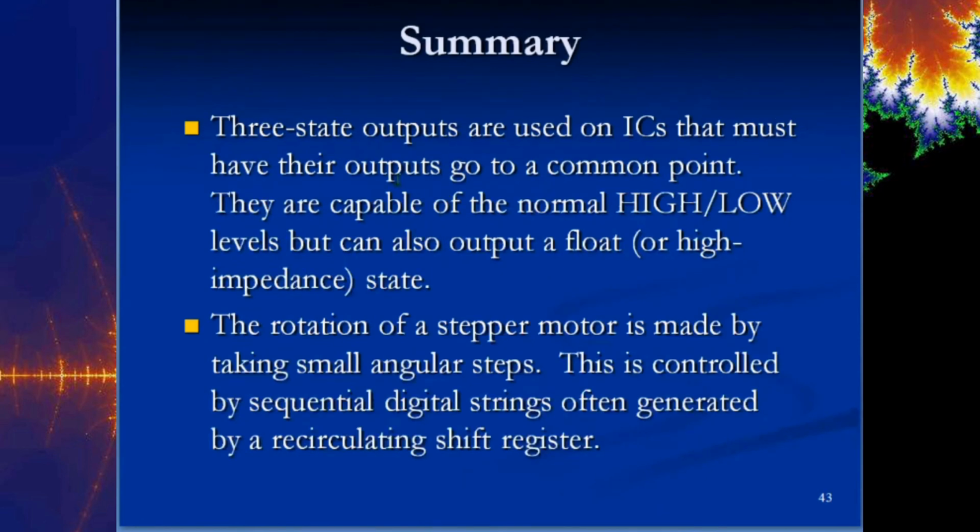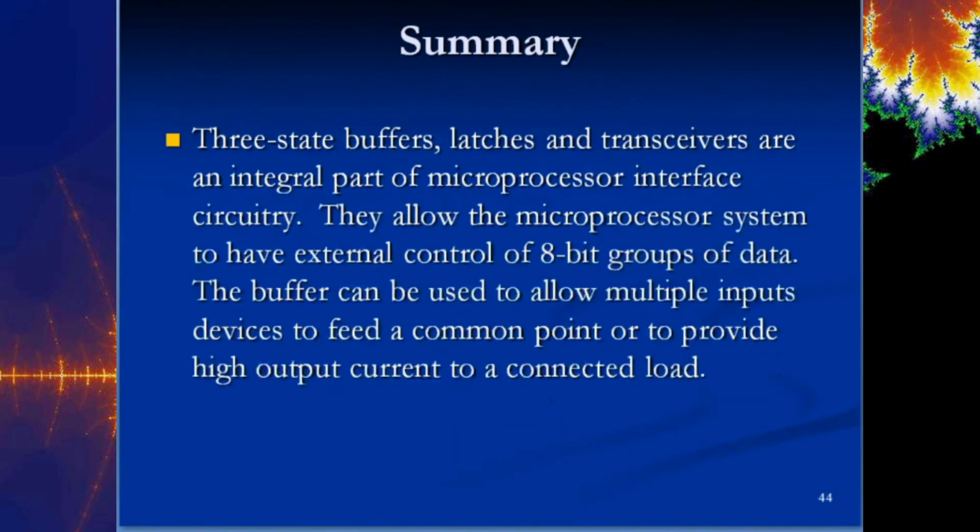All right, and then 3-state outputs, tri-state outputs, have a high, low, and a float capability. And the 3-state buffer is the one where you can have multiples of those together in an IC chip. So you can see here it says latches and transceivers are an integral part of microprocessor interface circuitry.